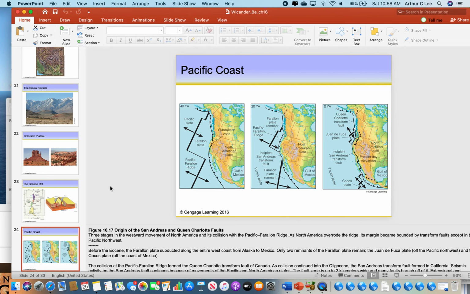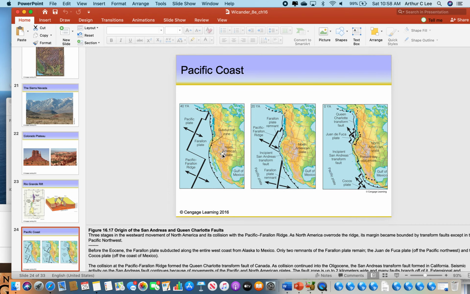And in order to understand how this works, we have to think back to plate tectonics and how it works. And if you take a look at these three pictures here showing the western edge of North America during the Cenozoic era, you can see what caused all of these features to form.